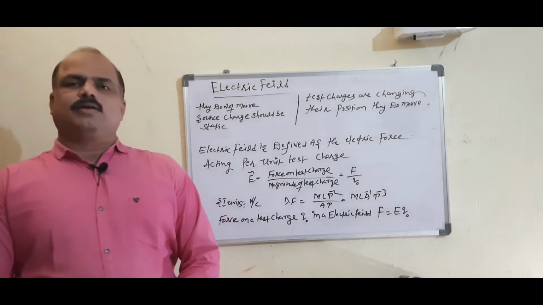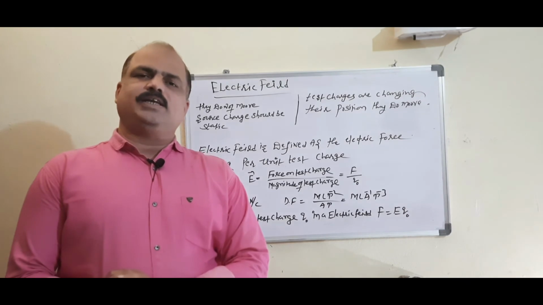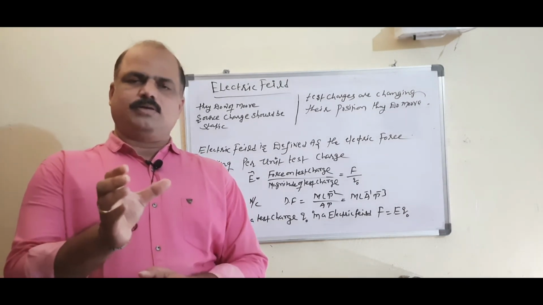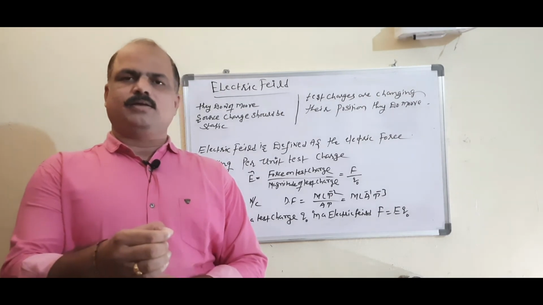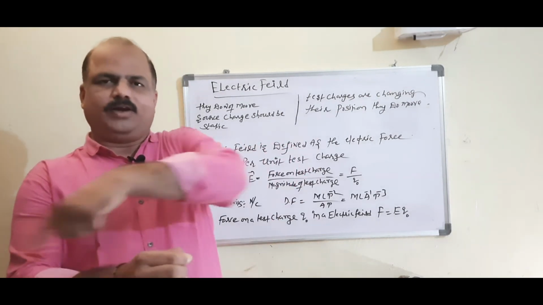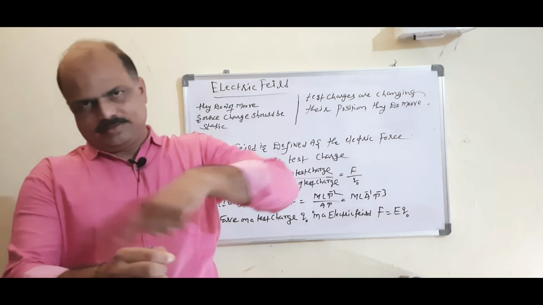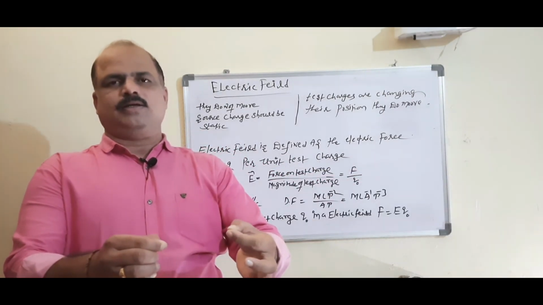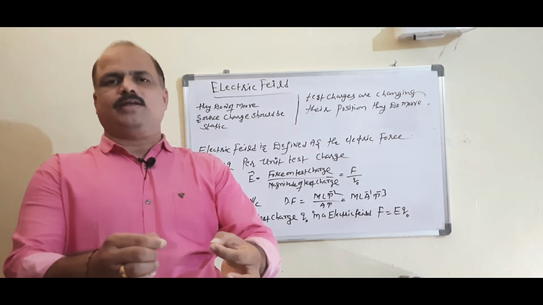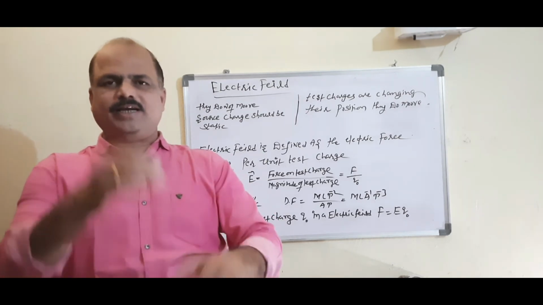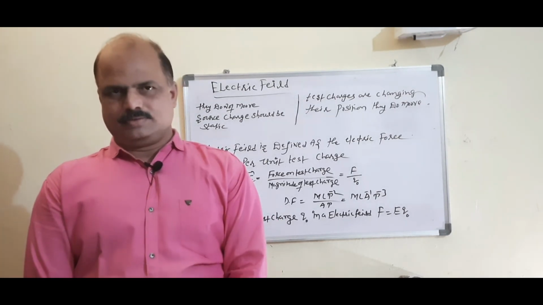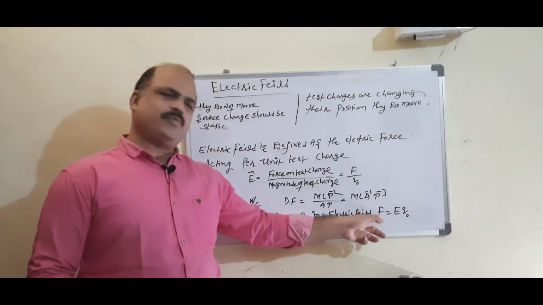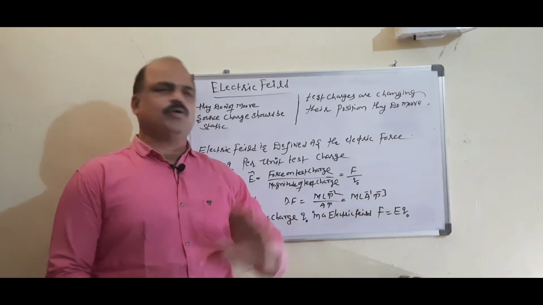Whenever a test charge is placed in an electric field, for example a source charge is placed here, it creates an electric field around it. Whenever a test charge is placed in an electric field generated by a source charge, it experiences a force. How much force does it experience?